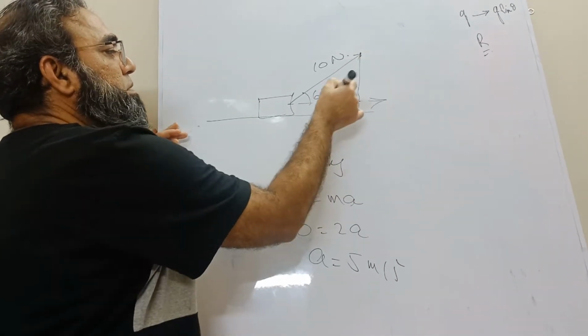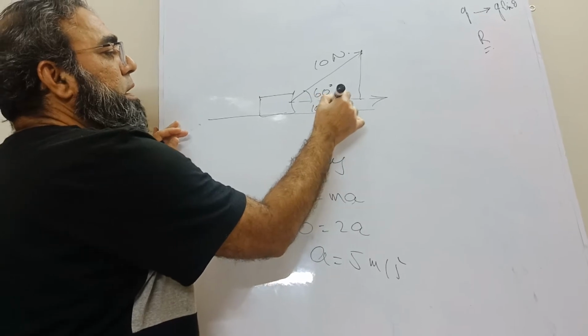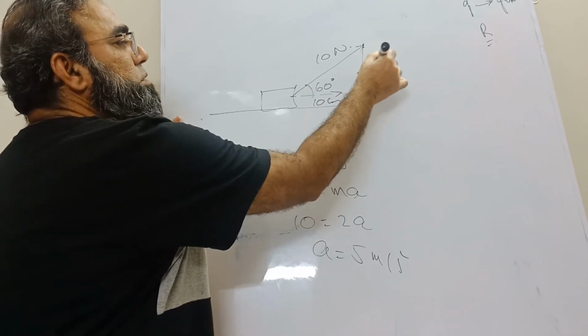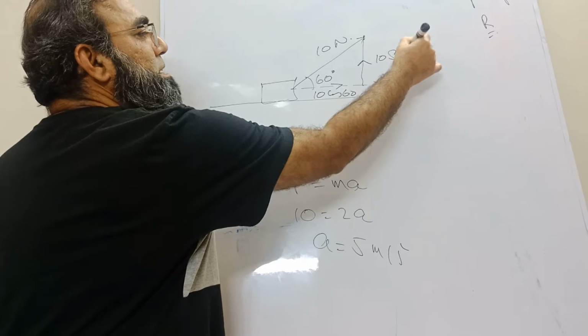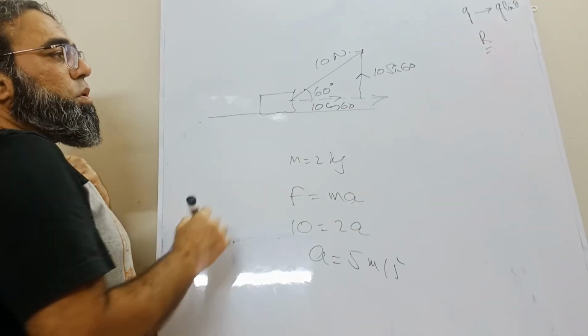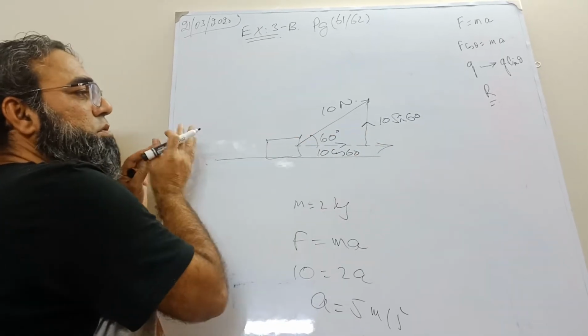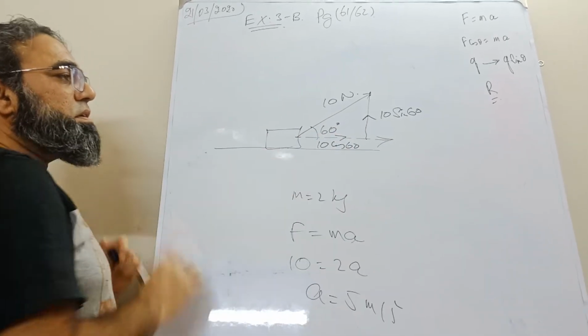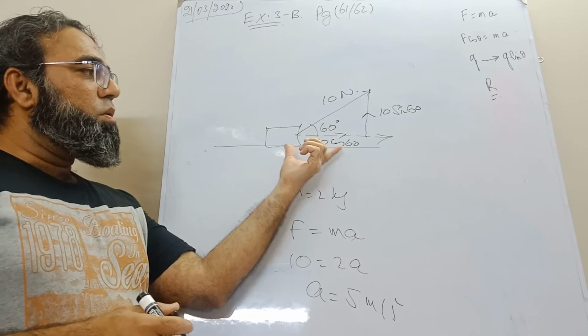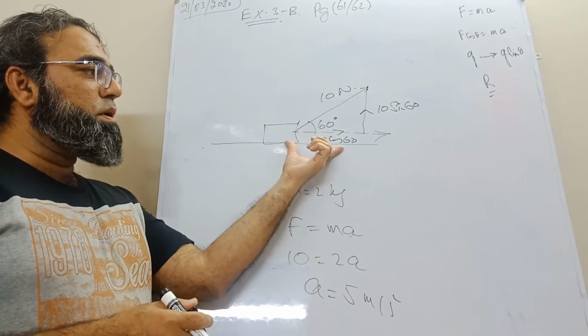When you resolve this, you get 10 cos 60 and 10 sine 60. Since the object is moving in a horizontal direction, we are only interested in the horizontal component of the force.